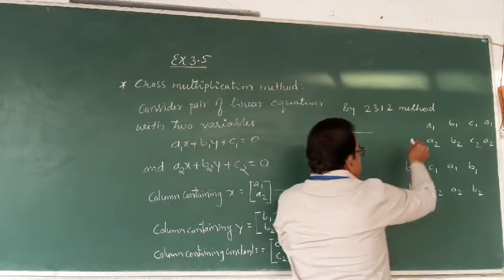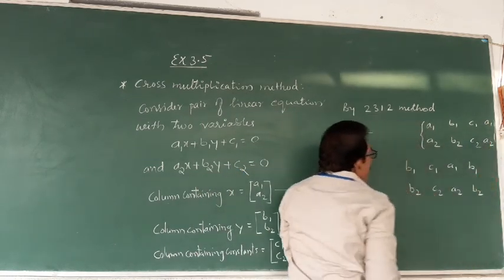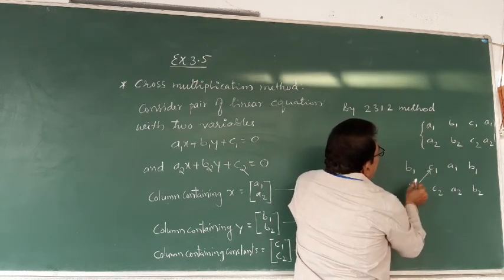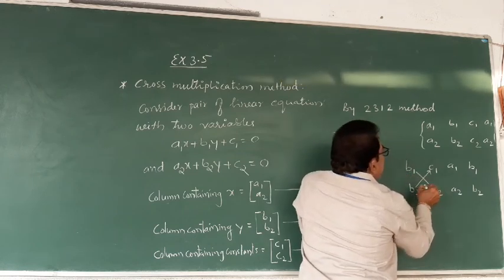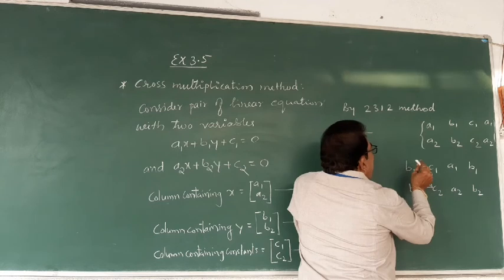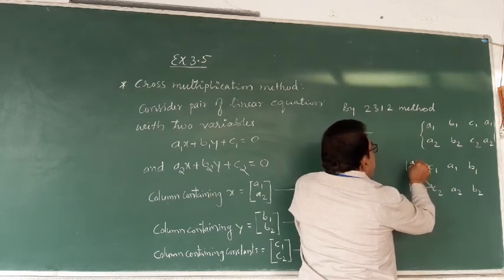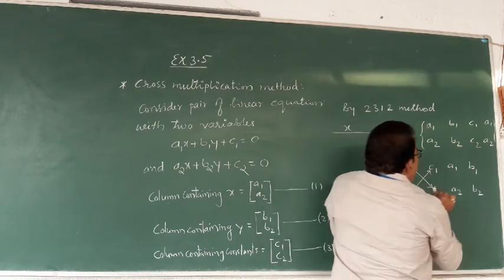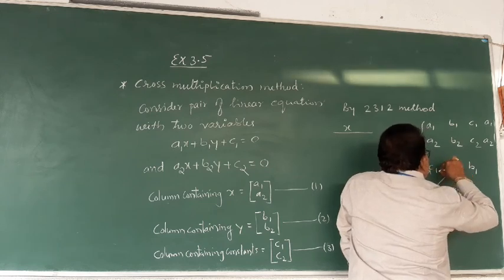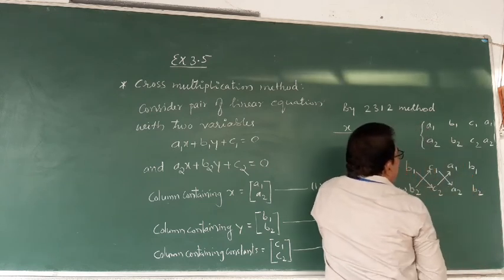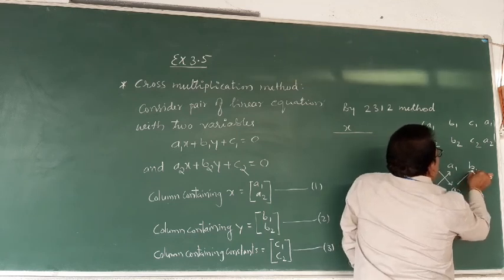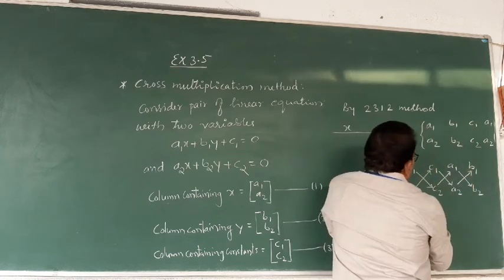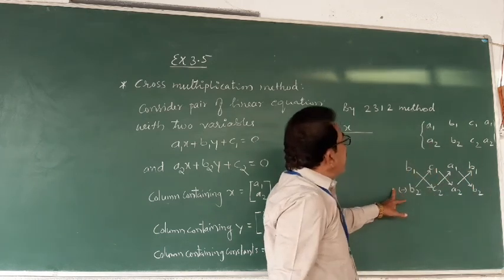After writing these in this format, we have to use certain arrow symbols: b2 to c1 in this direction, b1 to c2 in this direction. This one is positive, and this one is negative. Then again c1 to a2, c2 to a1. In this way, the arrows containing the negative sign.